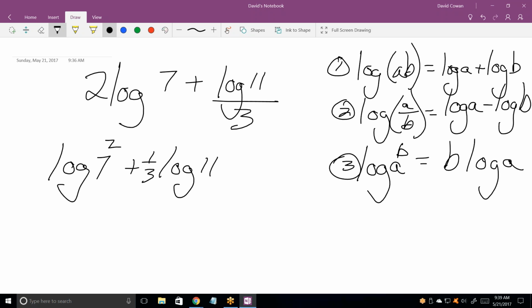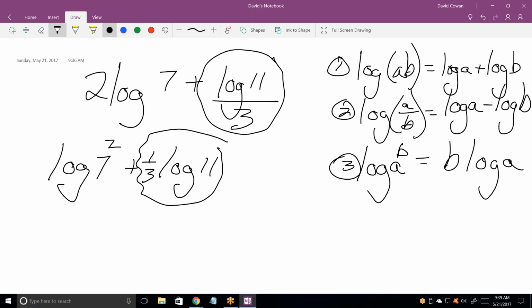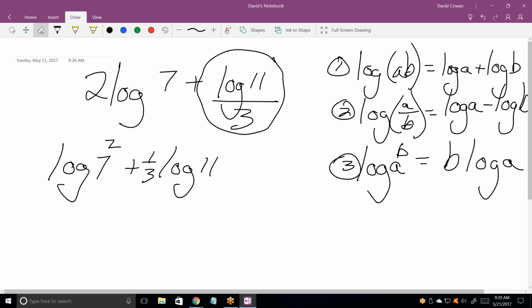Right? In other words, this is the same as that. It's just when you divide by 3, that's the same as multiplying by 1/3. All right. Okay, and now I can put that 1/3 as the exponent. So it goes there. So that's the first step of condensing.